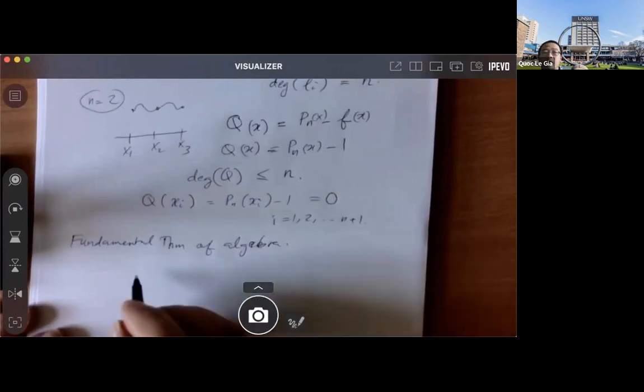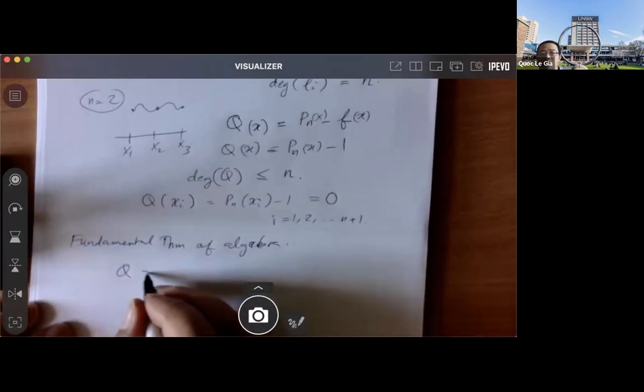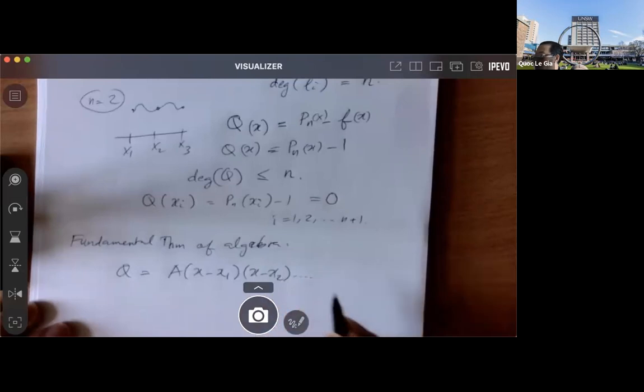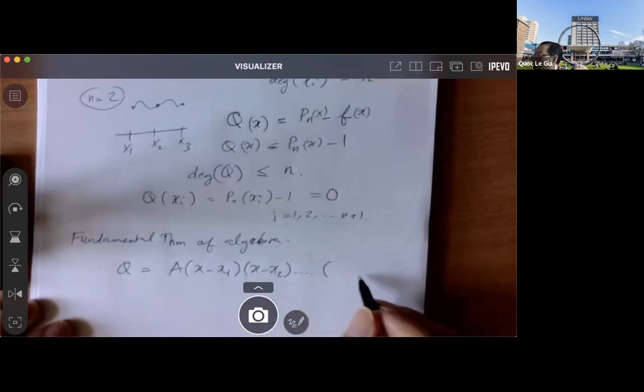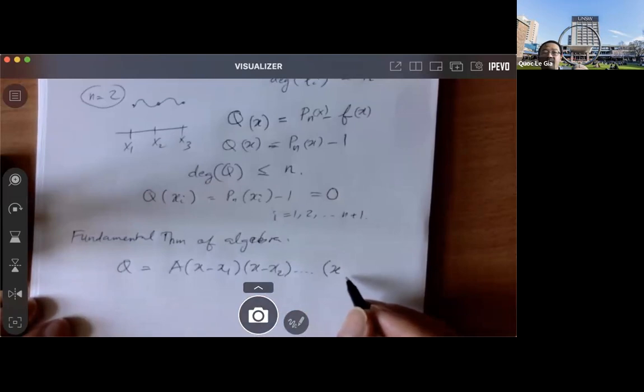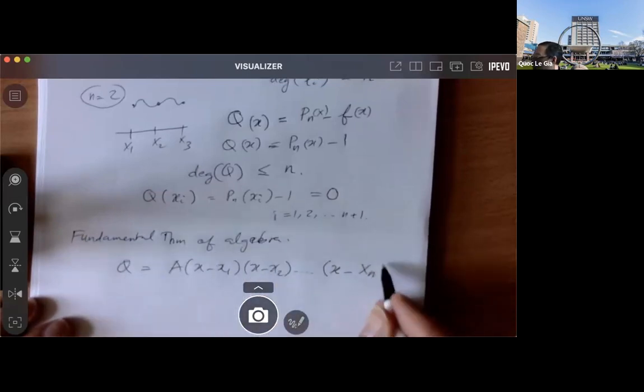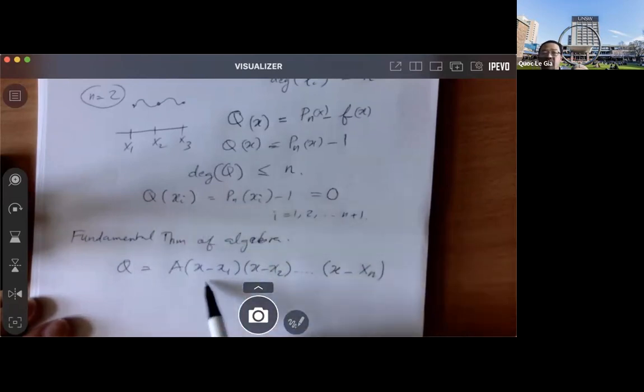Then you can factor Q like this: x minus x1, x minus x2, and so on. But where do you stop? By the fundamental theorem of algebra, for degree n you stop at xn, giving linear factors like this.